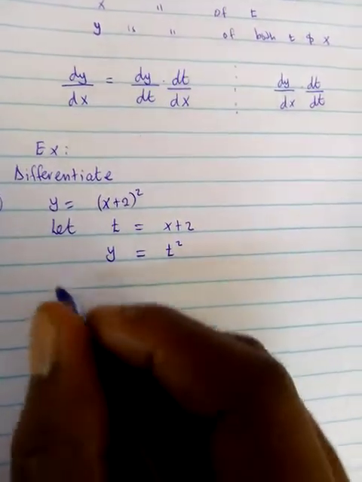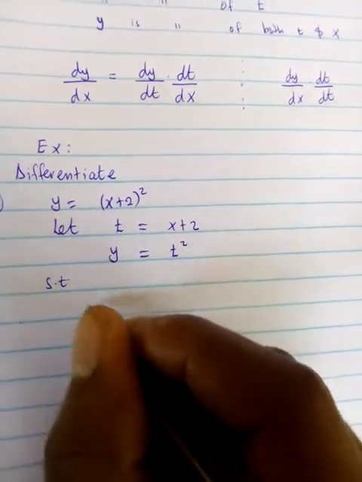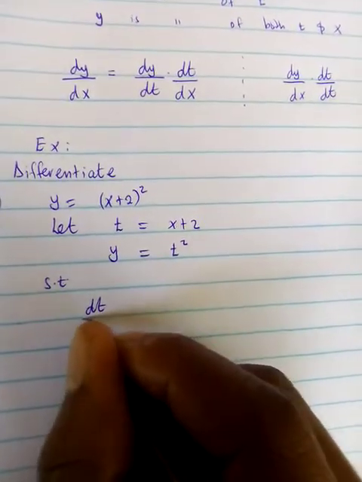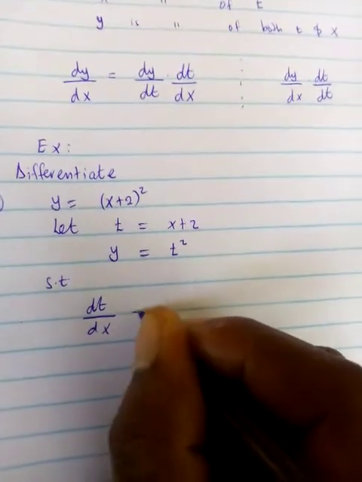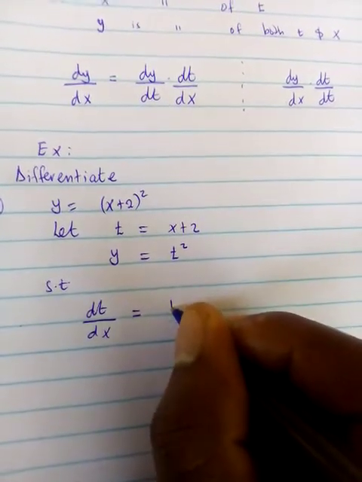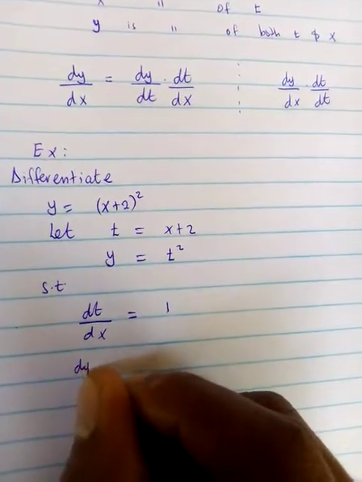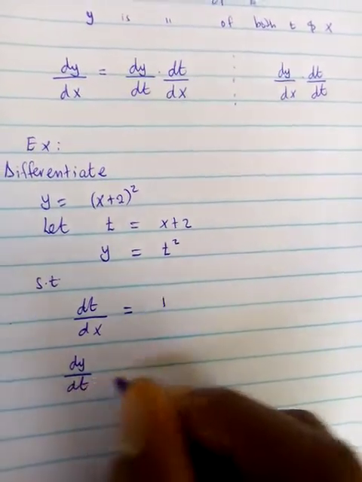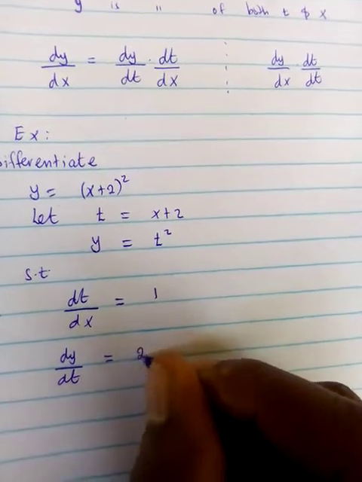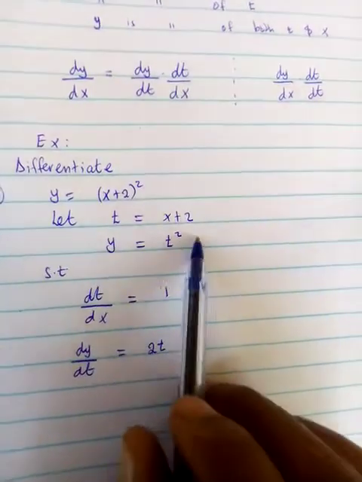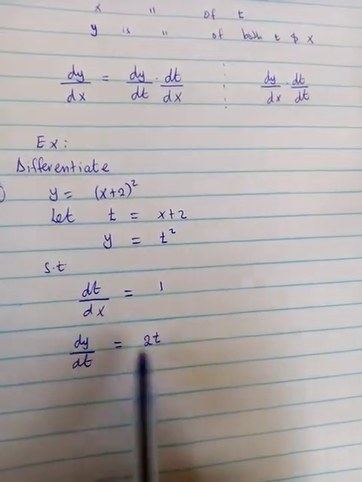Such that now dt/dx is equal to 1. Then dy/dt is equal to 2t. If y is equal to t squared, differentiating y with respect to t gives 2t.